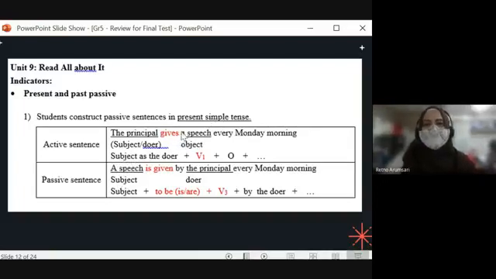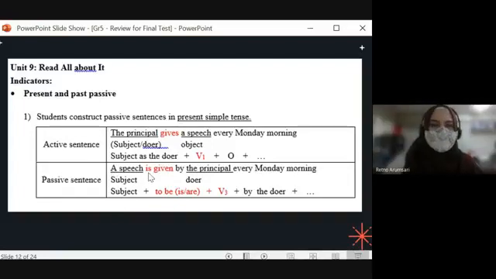After that, look at the verb. Is it a verb one? Yes. If it is a verb one, the to be is is or are. Because a speech is only one, you choose is.